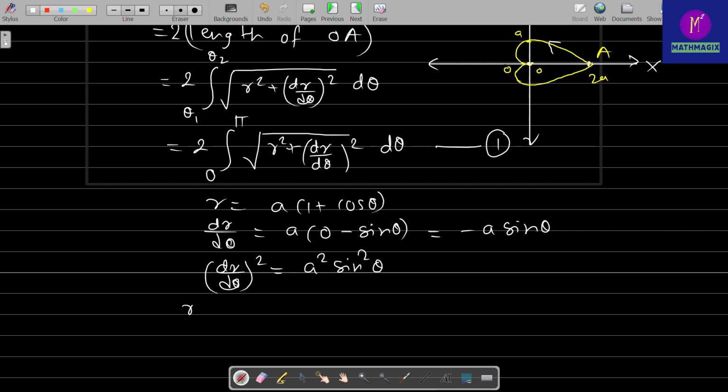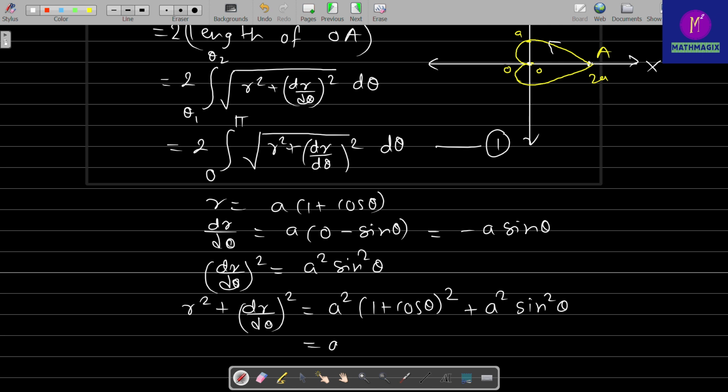Then we require the value of r square plus (dr by d theta) the whole square. So this is equal to, r square is nothing but a square (1 plus cos theta) the whole square, from the equation r equals a into (1 plus cos theta), plus (dr by d theta) the whole square, which is a square sin square theta.